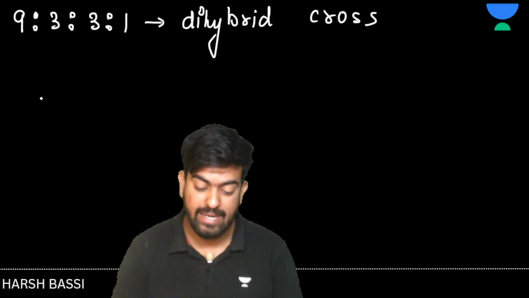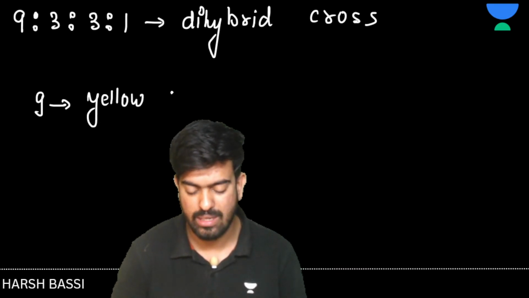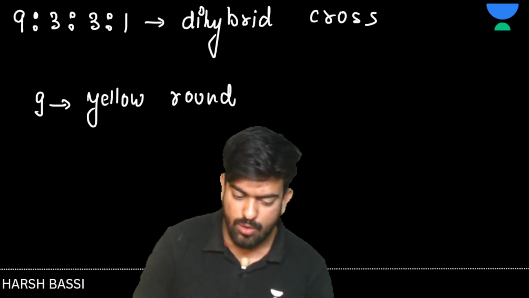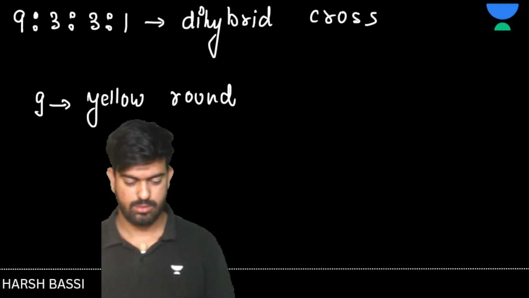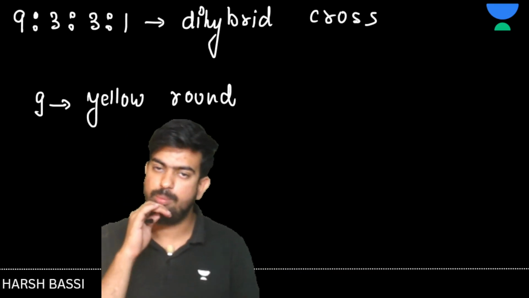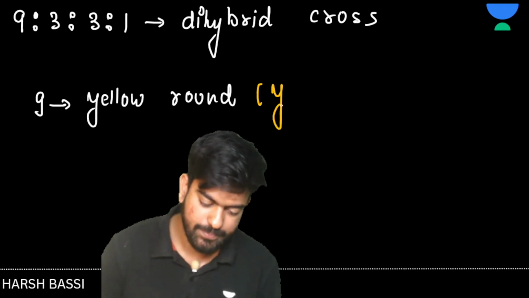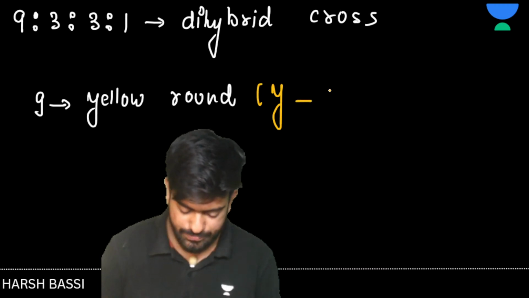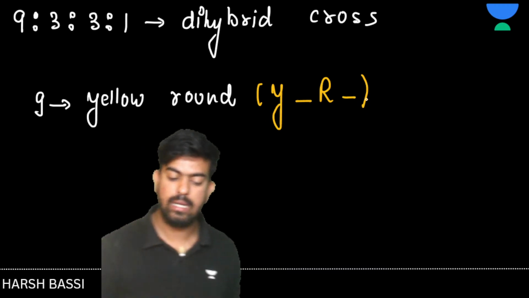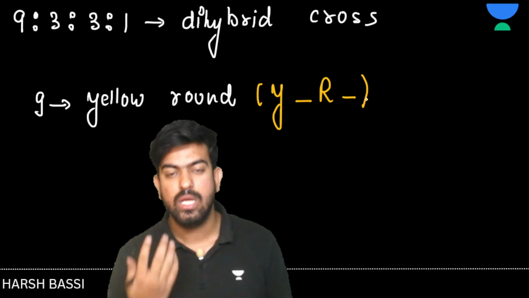And to produce this yellow and round, what kind of genotype do you need? There should be one dominant for yellow and one dominant for round, so capital Y dash and capital R will produce the yellow round dominant phenotype. Yes or no?